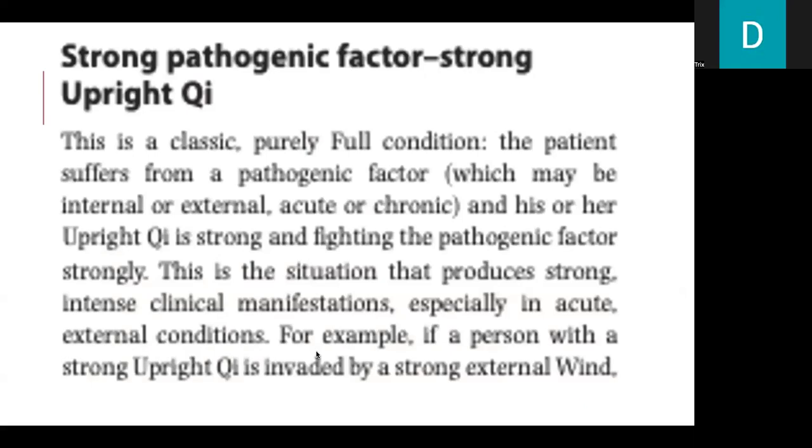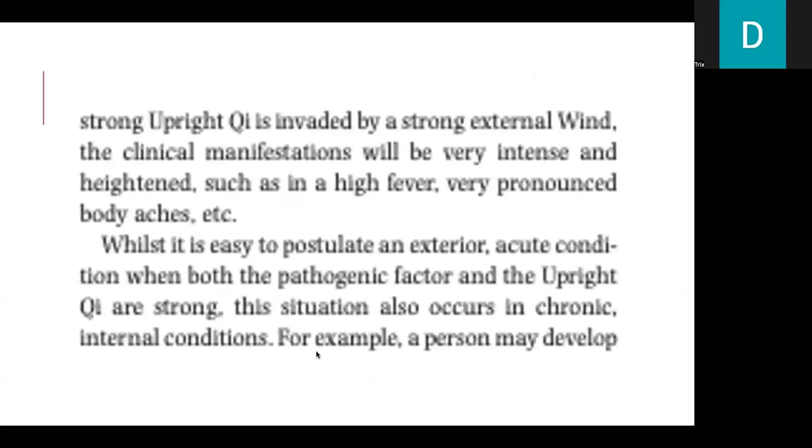For example, if a person with a strong upright Qi is invaded by a strong external wind, the clinical manifestations will be very intense and heightened, much as in a high fever, very pronounced body aches, etc. While it is easy to postulate an exterior acute condition when both the pathogenic factor and the upright Qi are strong, this situation also occurs in chronic internal conditions.